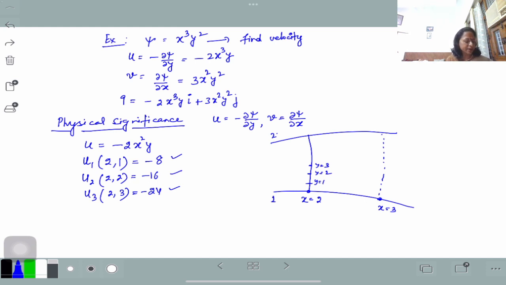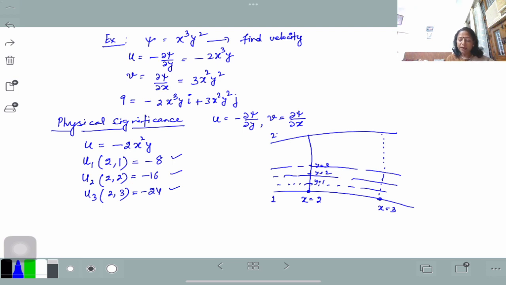So it simply means that as we move from one streamline to another streamline, because naturally there will be streamlines like this, these are the streamlines, because streamlines are parallel to each other. As I move from one streamline to another, the value of velocity is changing, which simply means that the discharge is changing. So there should be a relation between the distance between the two streamlines and the discharge through the cross section joining the lines.